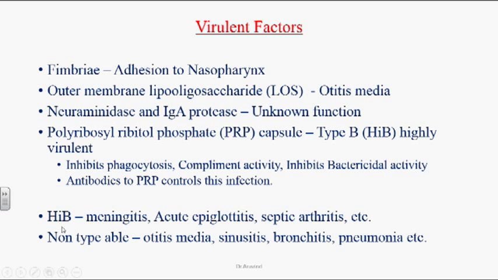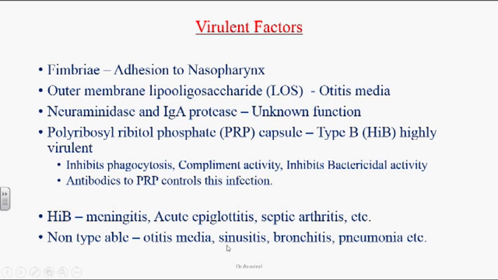In Hib infections, the H. influenzae type B serotype infections, we can always see meningitis, one of the major complicated infections, especially in children below 2 years of age, and it can cause acute epiglottitis, septic arthritis, etc. Whereas non-typable Haemophilus influenzae, which won't have a capsule, can cause otitis media, sinusitis, bronchitis and pneumonia.